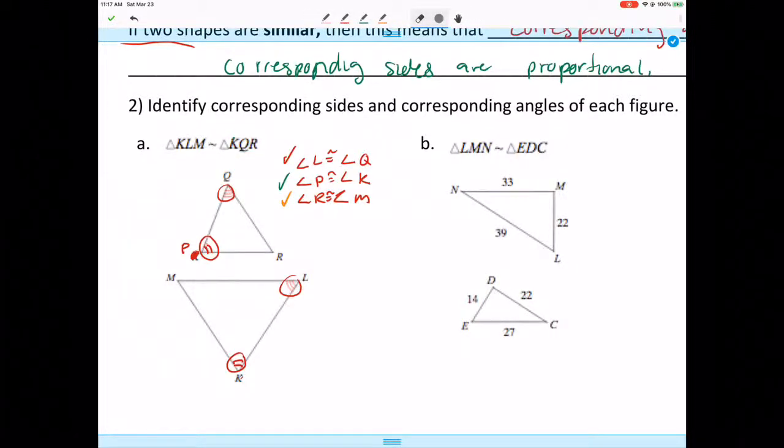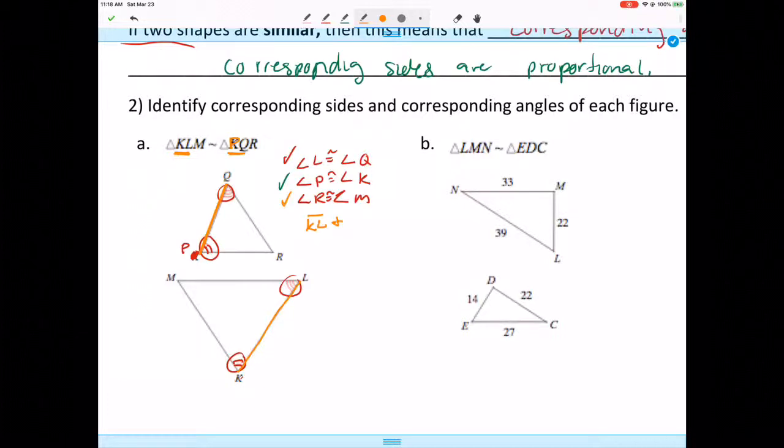Another cool thing is when they give you one of these statements, let me fix this again, this is P. This also tells us corresponding sides. So for example, KL corresponds with PQ. So let me write this down, KL, right here, KL corresponds to PQ. It makes sense, okay? I mean, we are using the same angles that are next to these sides, okay?